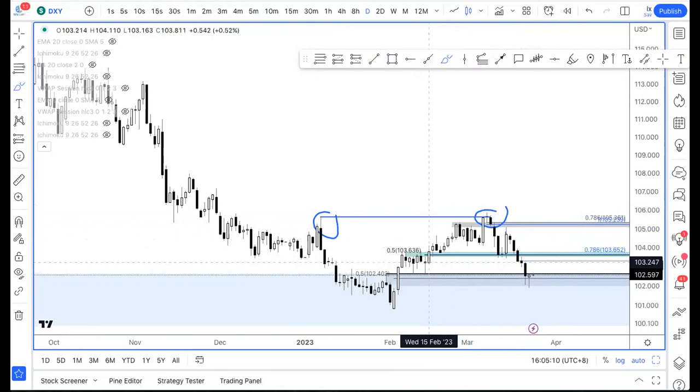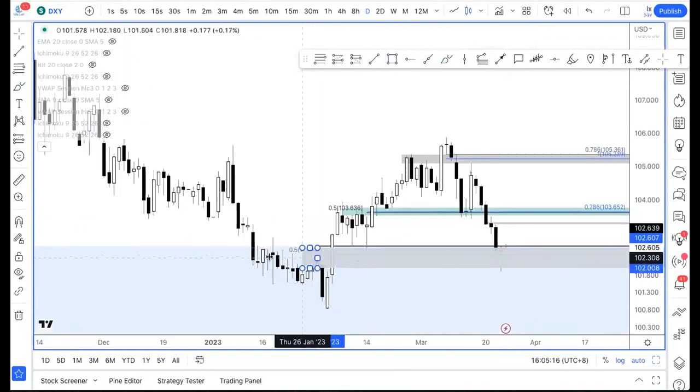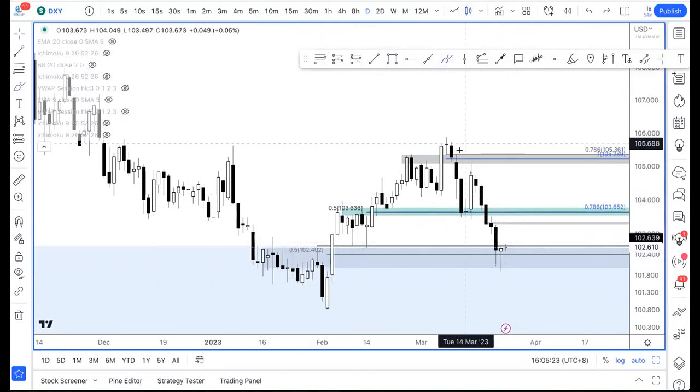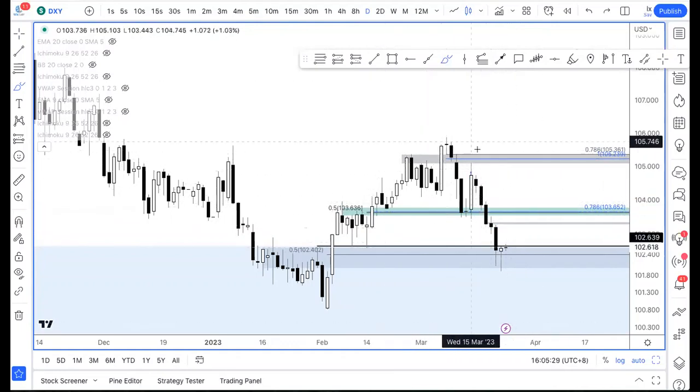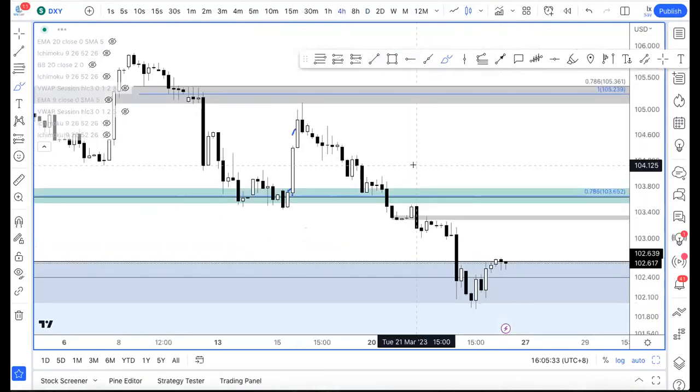We also have a few levels that were highlighted in earlier sessions. These were the levels that we have here. You can see that this was a resistance and support area, and again, price is now testing this region. We have two other resistance areas that are highlighted here as well as here. I believe this is on the 4 hours time frame, and this is highlighted on the 4 hours as well.